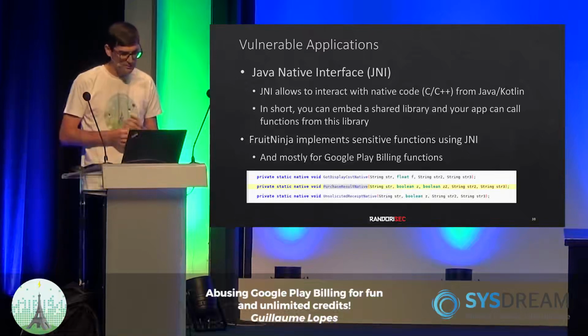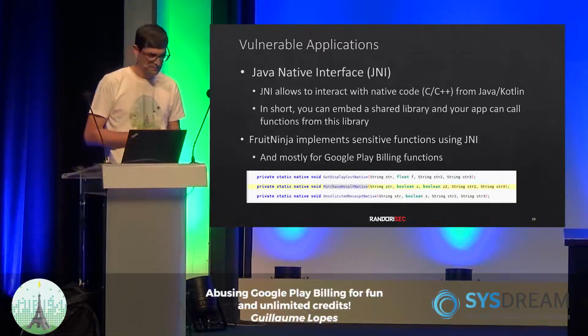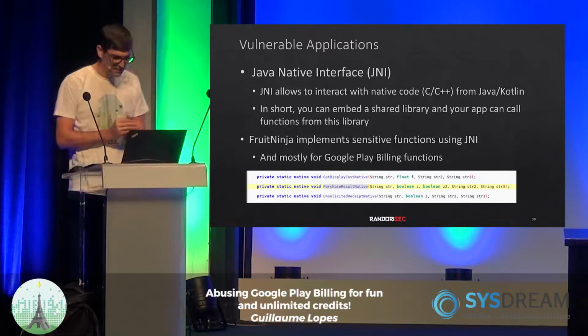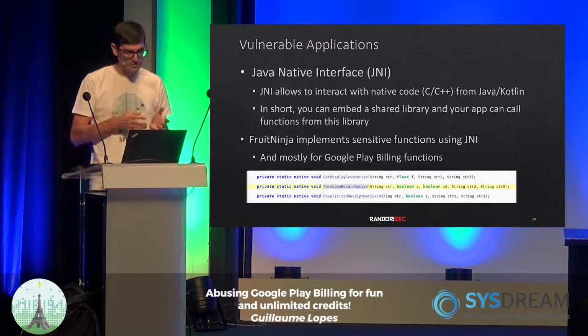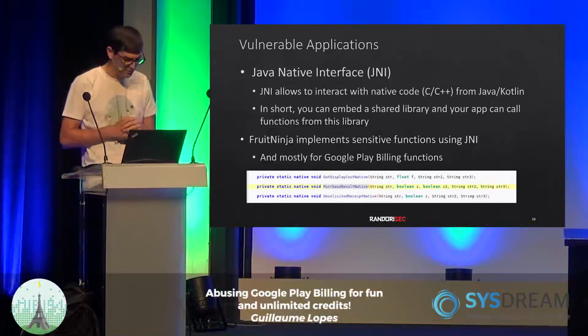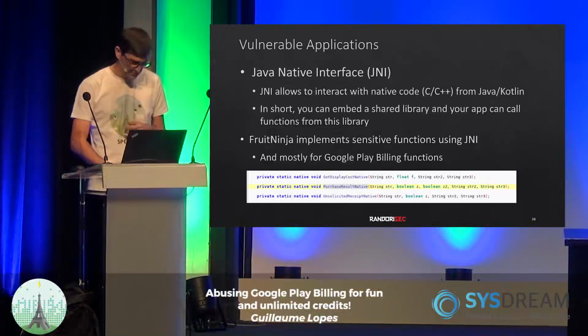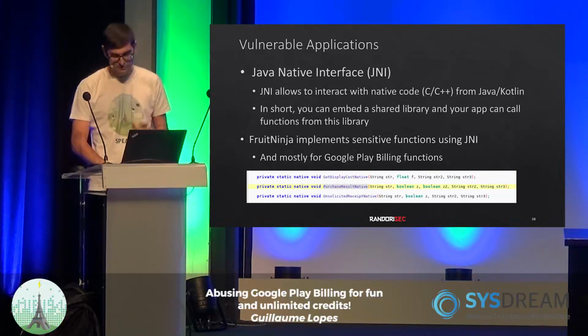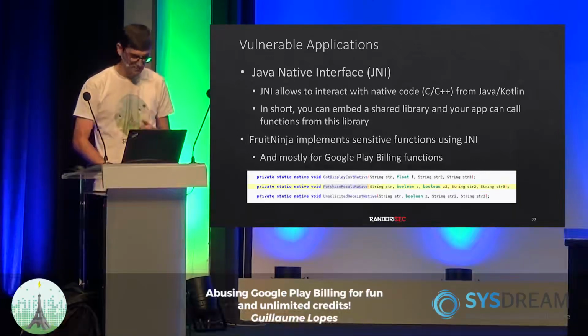Usually those libraries are written in C or C++. And so the idea is that from your Java code, you can call methods on this shared library. Those functions are pretty easy to find in the Java code because you just have the definition of the method and the native keyword is used. So it means if you want to see the implementation of this method, you need to reverse engineer the shared library.